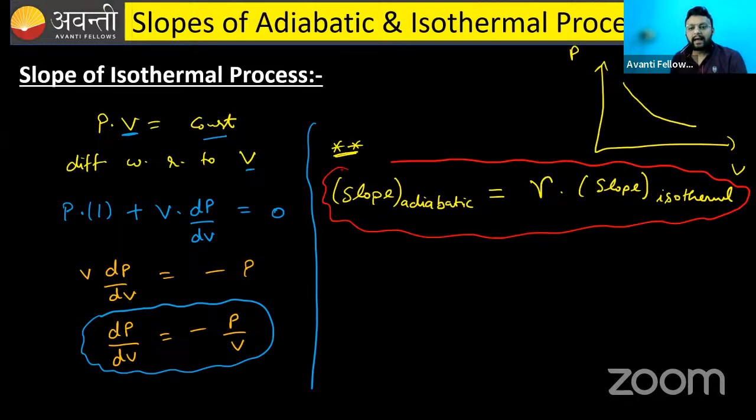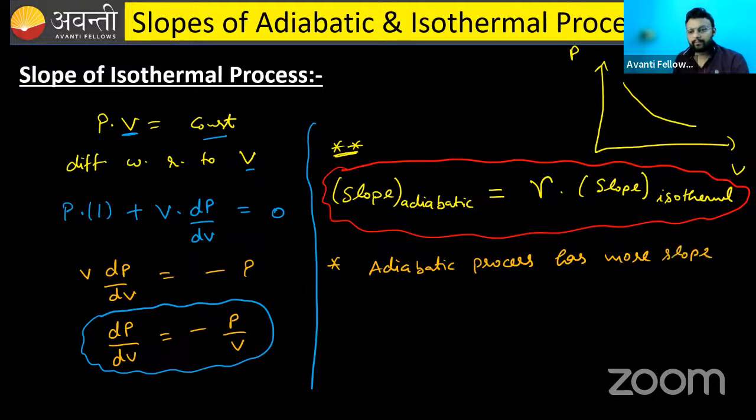You will say adiabatic process has more slope as compared to isothermal process.